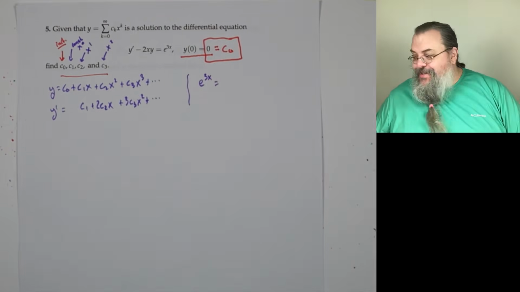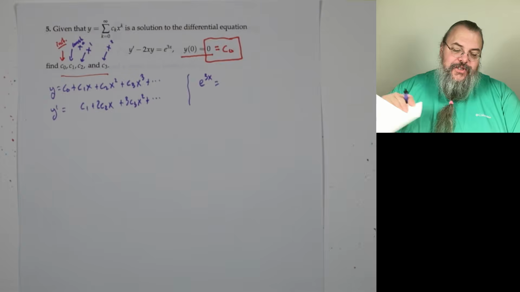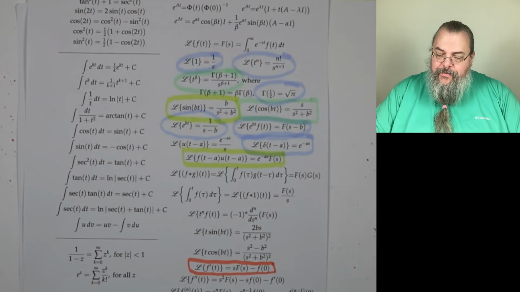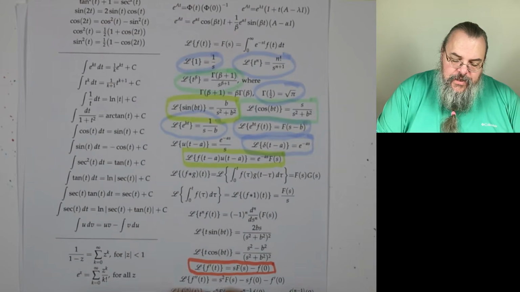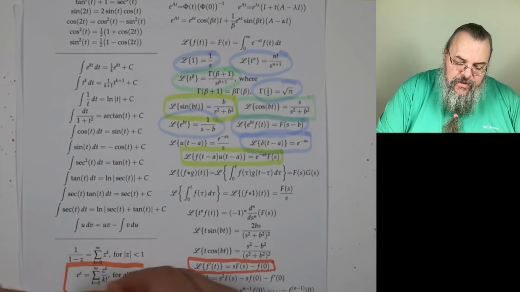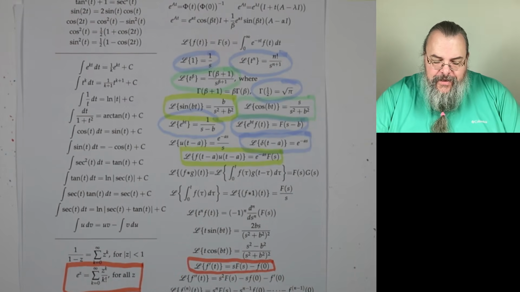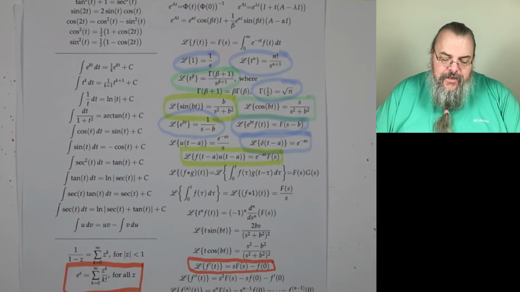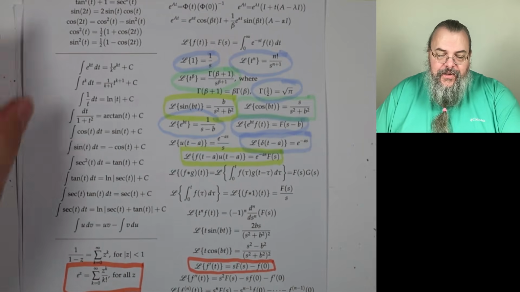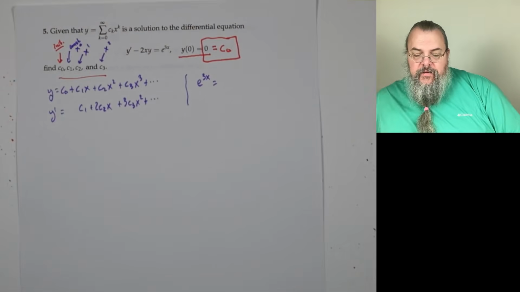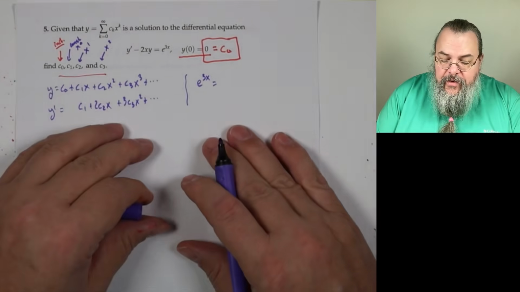Well, good news. The formula sheet rides again. Because if you look at your formula sheet, you will note that we do have e to the z. And so you say, here it's like z is 3x. So we can use that and say, well, e to the 3x is the following.